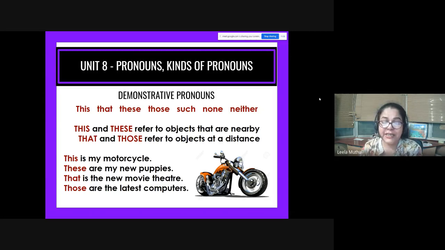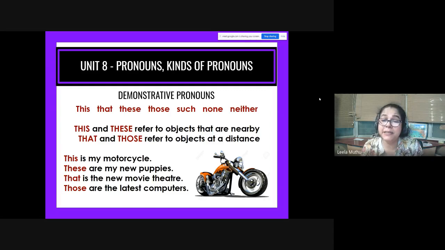So actually, when you see the nouns in the sentence, in the first case, my motorcycle, you're using the pronoun this to talk about it. This is my motorcycle. You're basically talking about it two times in the sentence. You can just say my motorcycle, but to be very specific, you say this is my motorcycle. These are my new puppies. These refer to the puppies.